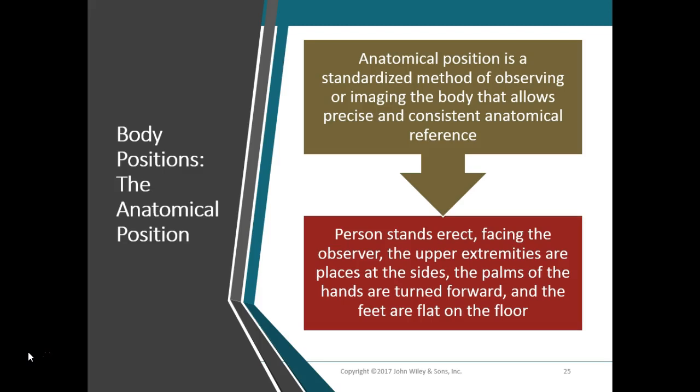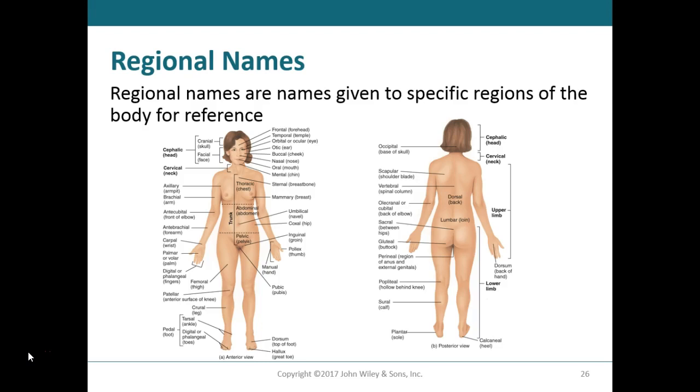Now, by using that correct anatomical position, any way that you describe one part of the body should always be very clear to anyone else that understands what correct anatomical position means. So here you see this body is in correct anatomical position. So she is facing the observer, arms at the side, palms facing forward.